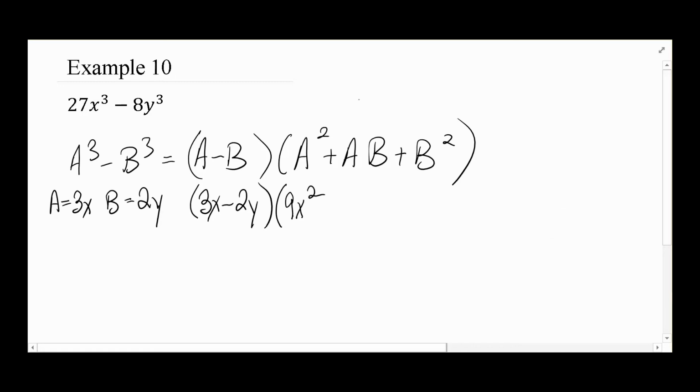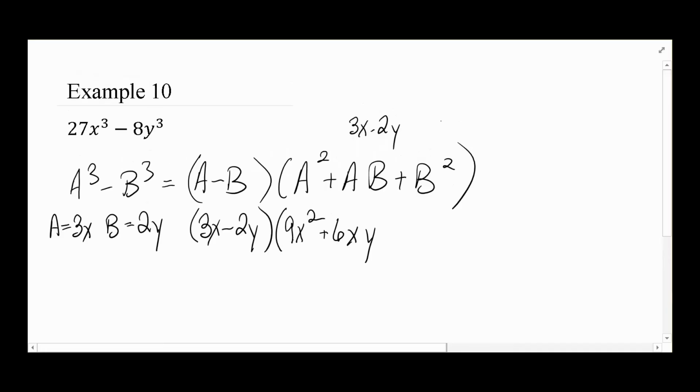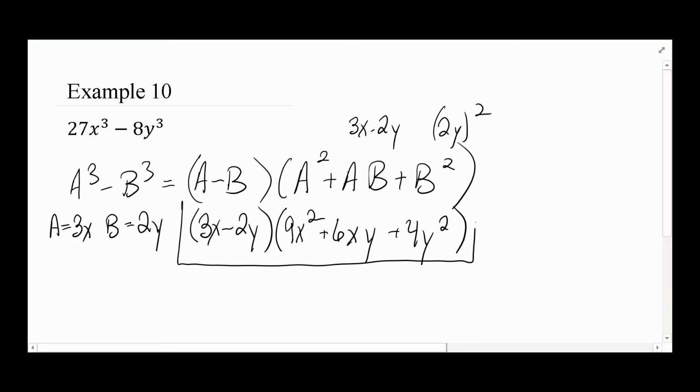Now when I multiply a times b, I'm multiplying 3x and 2y together. 3 times 2 is 6, and then I get xy. When I square the b, I'm squaring 2y. That gets me 4y squared. But there's my answer. I write the formula out, I figure out what's the a and what's the b, and I plug them in. And that's how we factor using a difference of cubes.